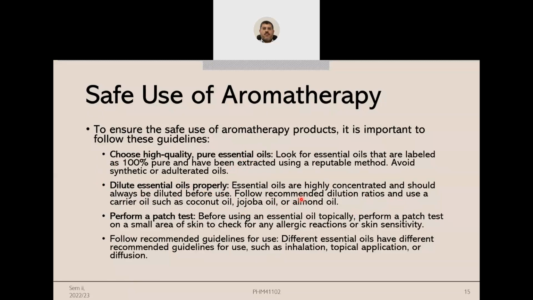If it is diluted too much, it may not be that effective. So it depends on the dilution ratio recommended in the instructions coming with that product. You can use different types of oil like coconut oil, jojoba oil, almond oil, okay, and so on. There are different types of oils, olive oil, and so on, that can be used for dilution.